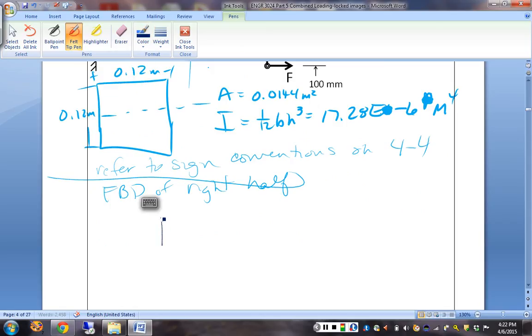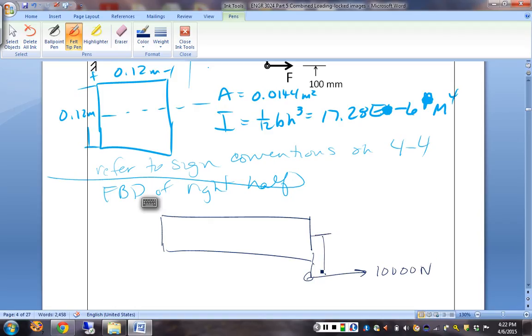So we have my right half, and I've got this eye bolt with 10,000 newtons. I know that this distance, I believe, was 0.1 meters. And I have my reference point O on the neutral axis of my cut section.